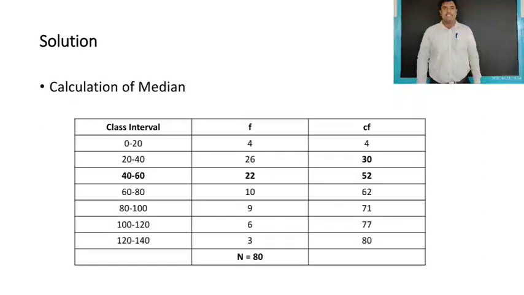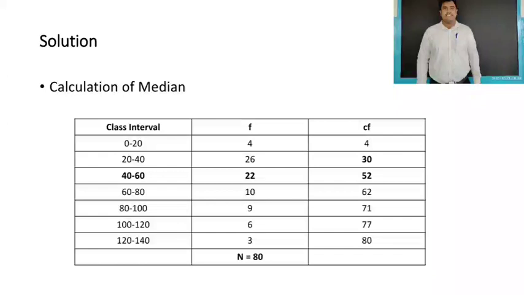Now I need to calculate the median. For the median calculation, I need to have a third column, that is cumulative frequency. By adding the frequencies, I'll get the cumulative frequency. The first cumulative frequency will be the same as the frequency, 4, and next for that 4 I need to add 26. I'll get a cumulative frequency of 30.